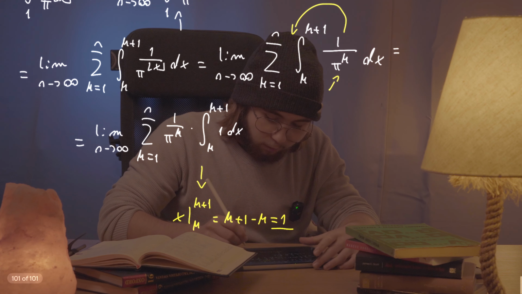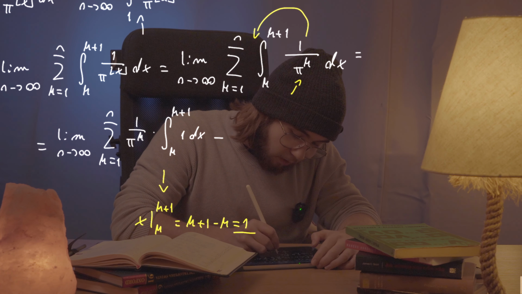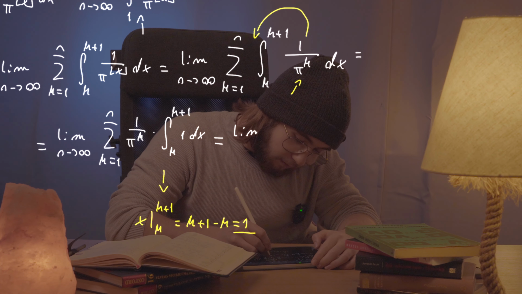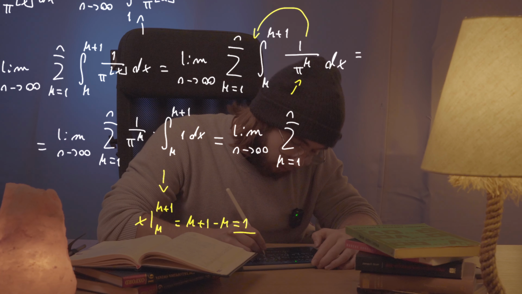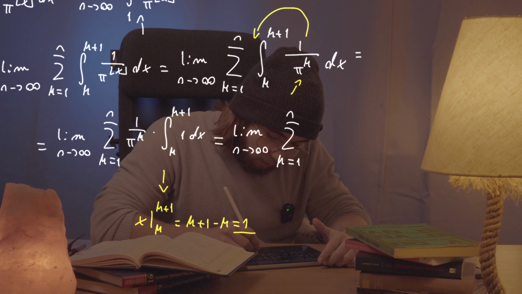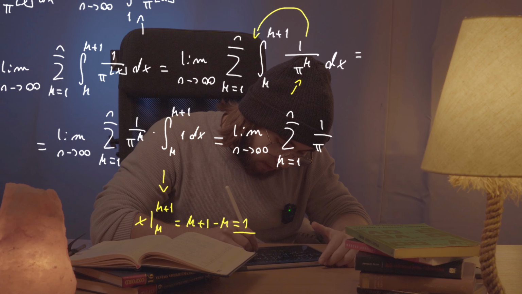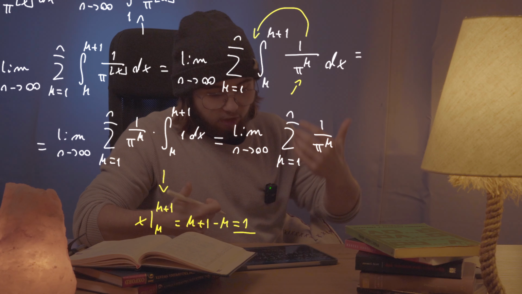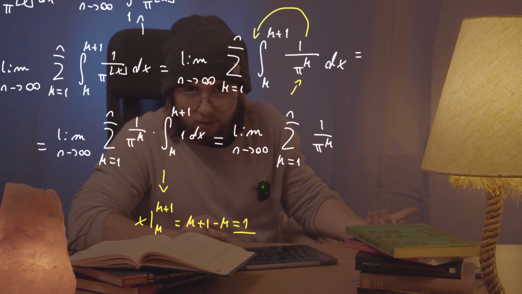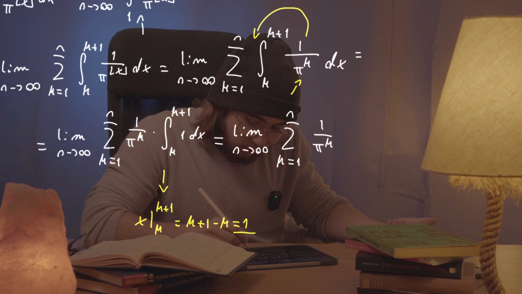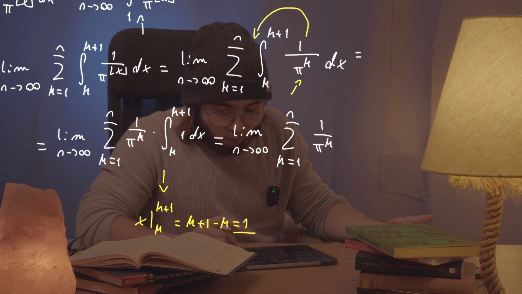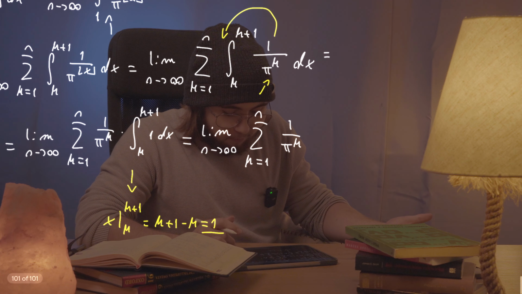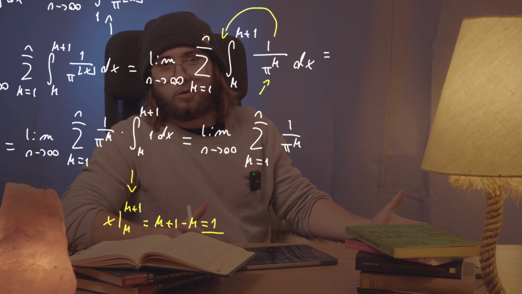And so we can, without a problem, rewrite this entire thing as the limit as n approaches infinity of the sum from k equal to 1 up to n of 1 over pi to the power of k, and this integral just becomes a 1 for every single k, so we can write it as multiplied by 1, but we can also not do that at all. Awesome, because now we got rid of the integral.